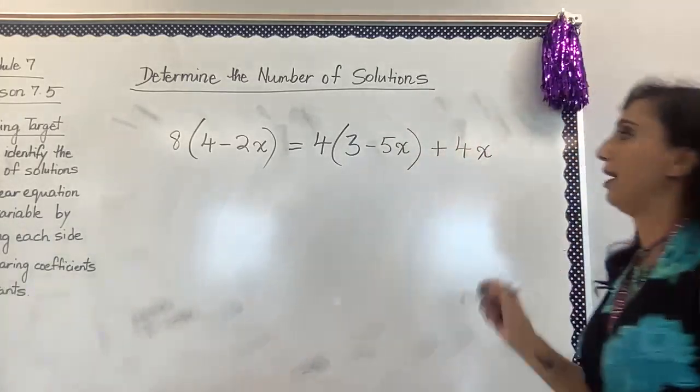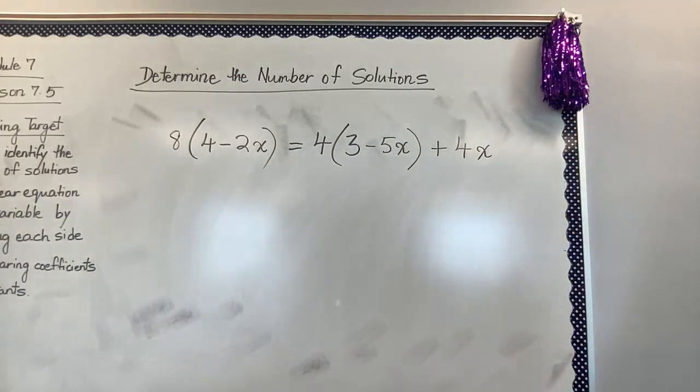So let's say we have an equation written out like this, and we are seeing whether this equation has no solution, one solution, or infinite number of solutions. So we are going to first write this equation like I did, and then we are going to use the distributive property in order to solve it.